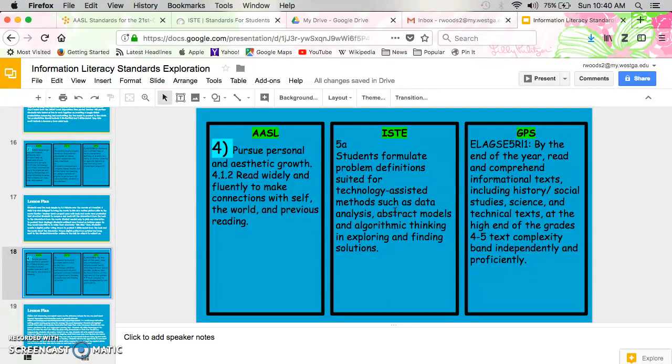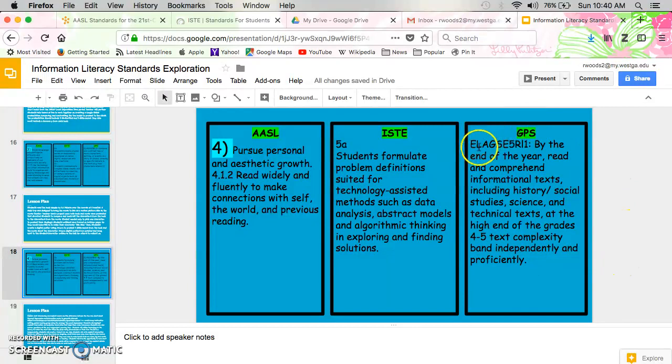I added that onto the ISTE standard that students will formulate problem definitions suited for technology-assisted methods and abstract models in exploring and finding situations.